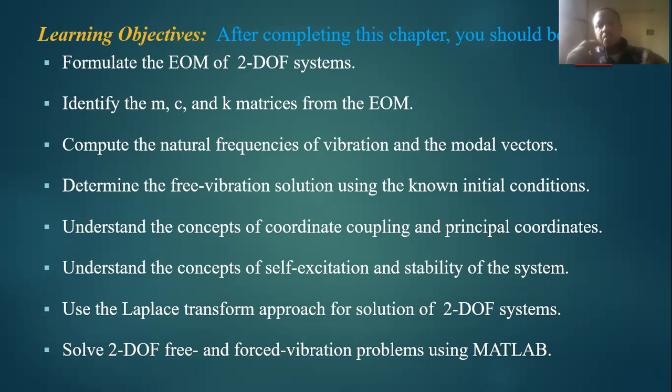That means to compute the eigenvalues and the eigenvectors of the system, and to determine free vibration solution using the known initial conditions. There should be some prescribed initial conditions. So implementing those initial conditions, we will determine the free vibration solution.